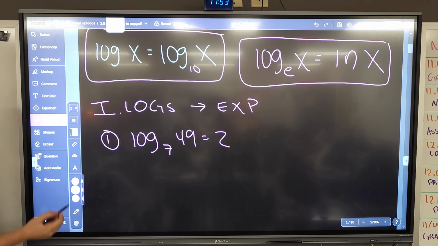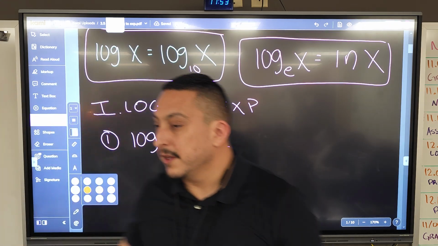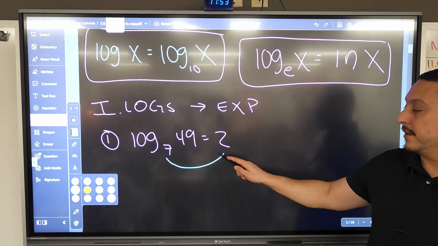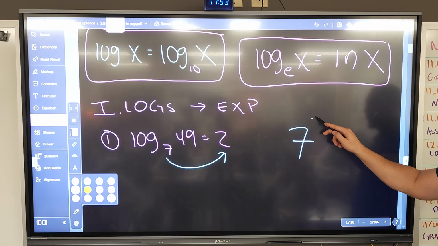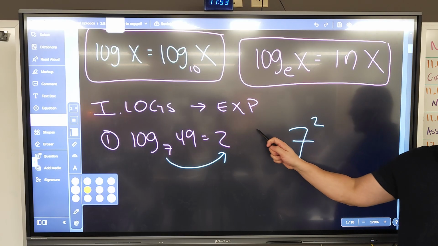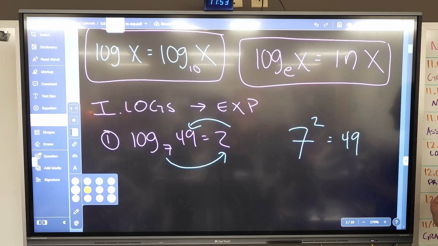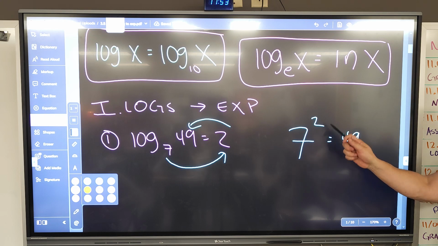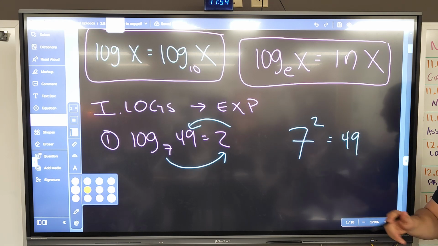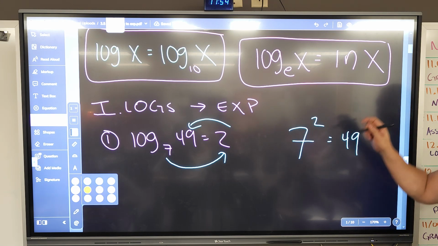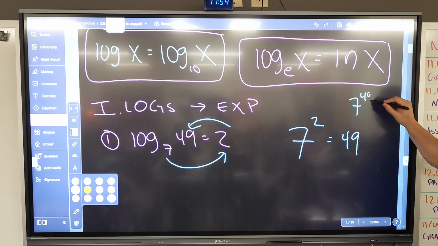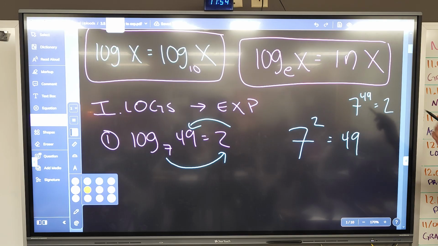I'm going to do this first one, and then you can do the next one. Here's the easy way: 7 to the 2 equals 49. Notice what you write has to be mathematically true. 7 squared is 49, right? That is true. If you did these out of order and by accident you wrote 7 to the 49th equals 2, that makes no sense, right? That's obviously wrong because that's not true. That makes sense?